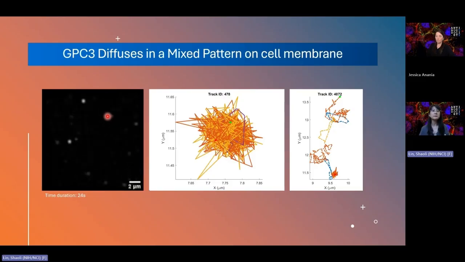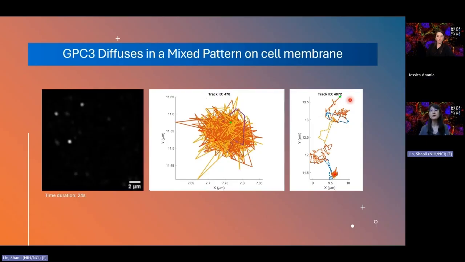Yeah, and then we further plotted the trajectory of those single molecules. We see that some molecules, like this one, are moving in a confined compartment with an invisible boundary, not moving far away from the original location.